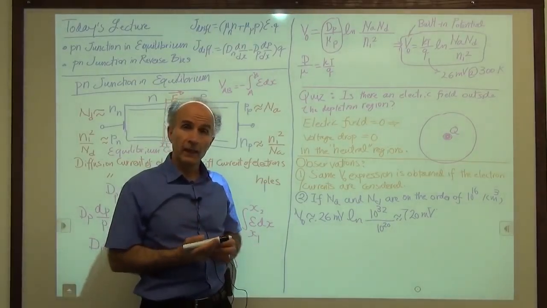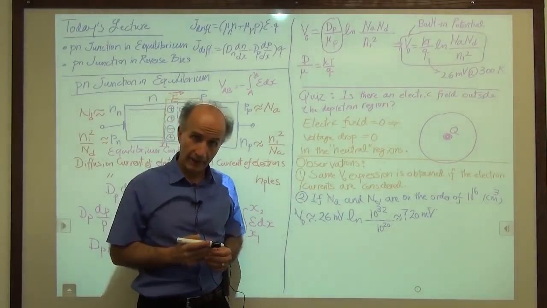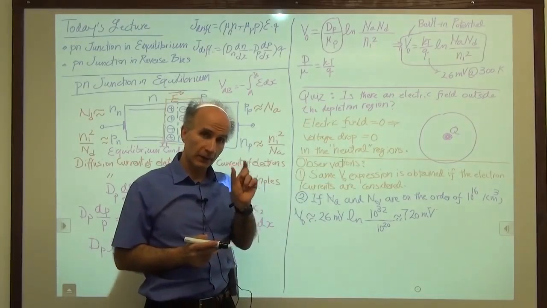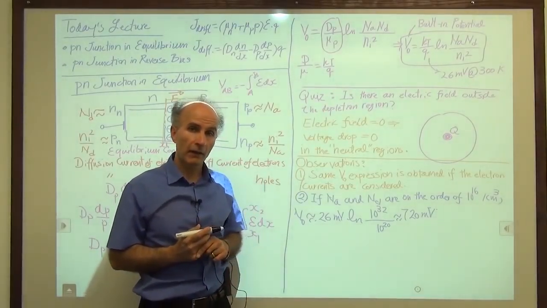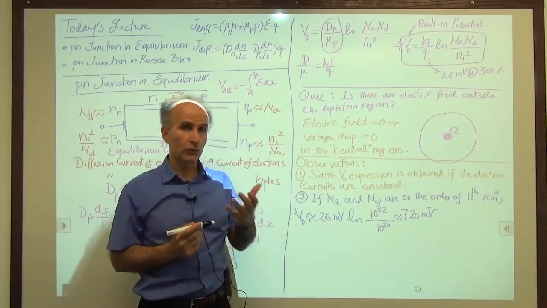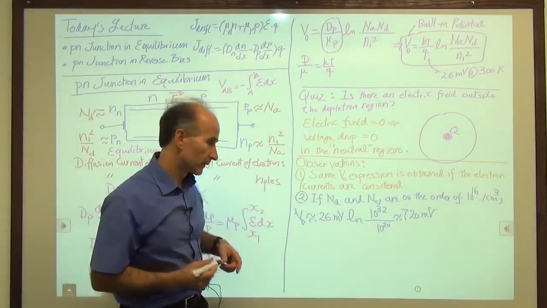So we say that in a typical case, the amount of built-in potential that a PN junction holds is around 700 to 800 millivolts.